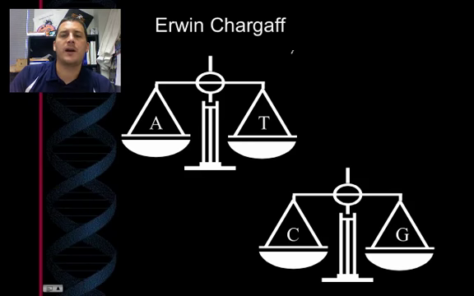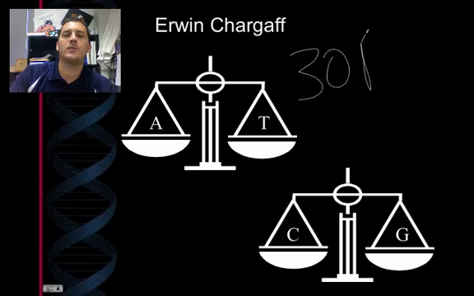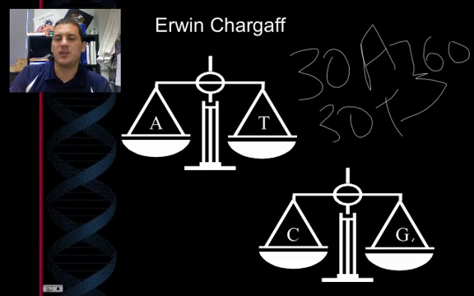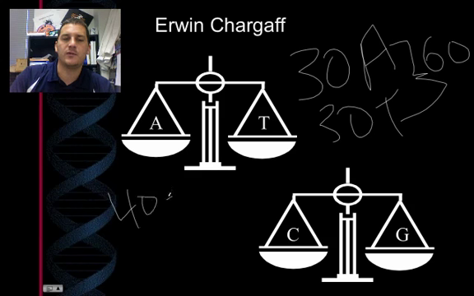More on Erwin Chargaff, back to the 30-30 rule. So if you have 30% A, you're going to have 30% T. These two together equal 60% of the DNA molecule. So the other 40% has to be split up between this C and this G. So you take 40 and you divide it by 2.